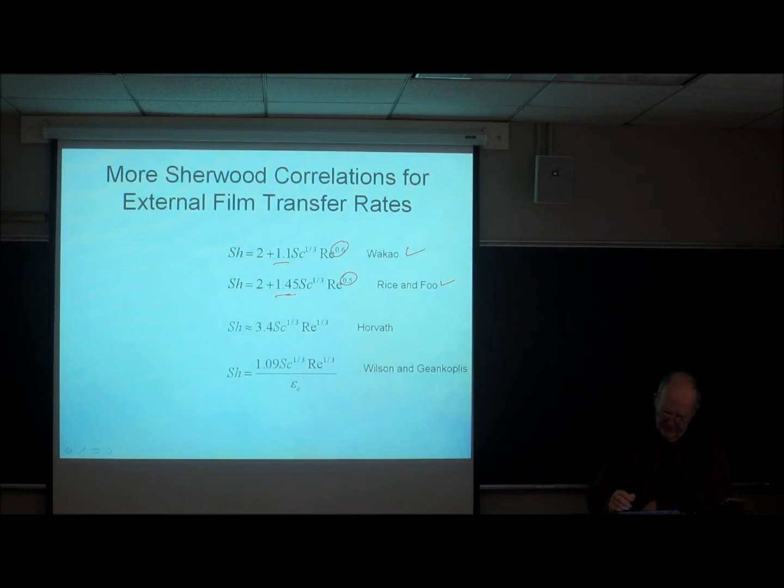Csaba Horváth, one of the big guns of HPLC, came up with his own correlation. He drops the 2. He says that coefficient is more like 3.4, not 1 point something or other. And he says that that exponent's more like 1/3.